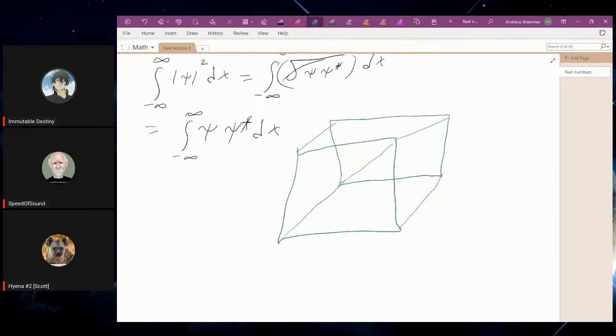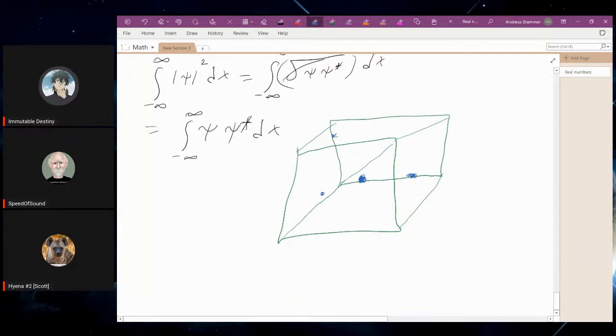And let's imagine that within this box lives a particle. And this particle is moving like crazy. It's moving near the speed of light. So at one moment it might be here, another moment it might be there, another moment it might be there.